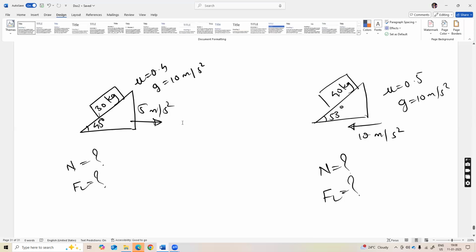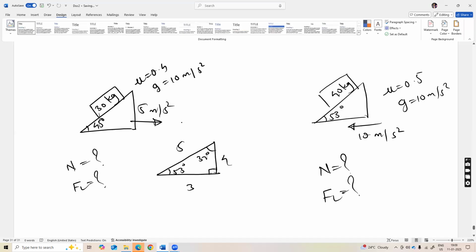Yes, sir. So in the first case you got it correct. In the second case also, the angle is 53 degrees. 53 degree you must be knowing, like if you have a right angle triangle of 53, 37 and 90, then this is basically a 5, 3 and 4 triangle. You should always remember this triangle, okay?